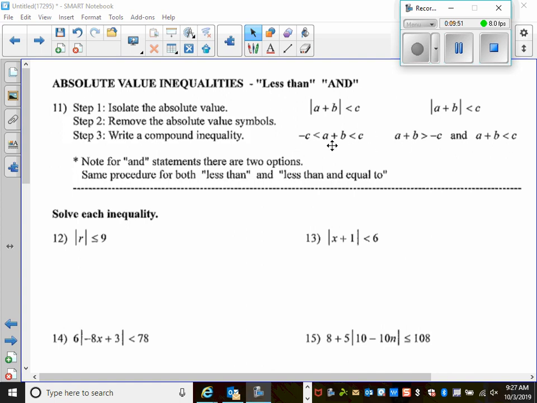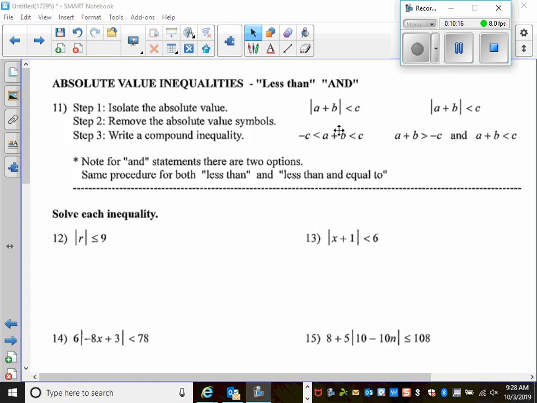Now, let me go over what this means up here. It says right here, note for and statements, there are two options. Same procedure for both, less than and less than or equal to. So if this had been less than or less than or equal to, you have two options. Remember from the previous lesson, and is the invisible word.